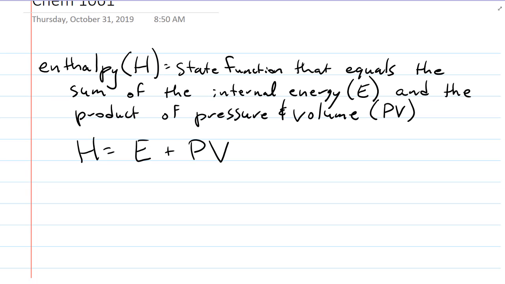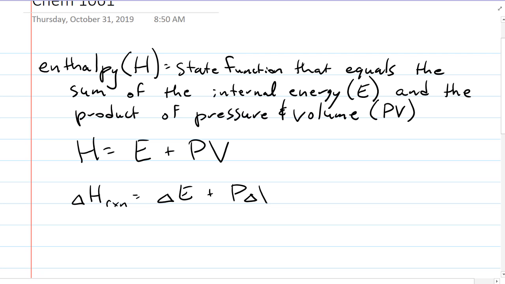But as we are going to find out, we want to apply these to chemical reactions. So we are going to look at the change in enthalpy. We'd say that the change in enthalpy for a reaction is equal to the change in internal energy plus P times delta V. Now, if we look at where this comes from, we could take this a step further.